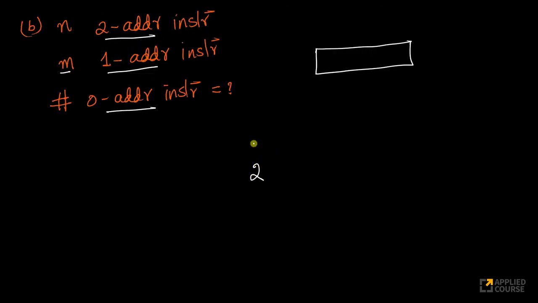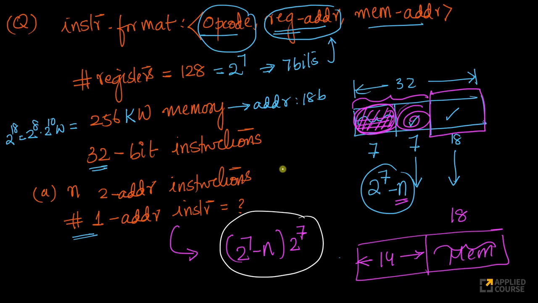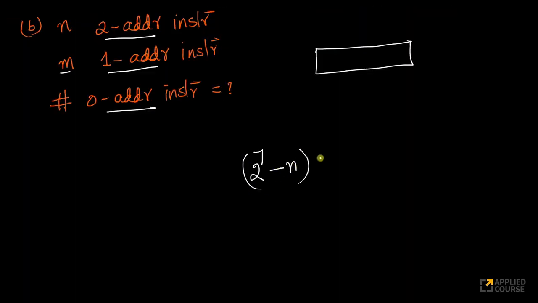So the number of 1 address instructions possible is 2 power 7 minus n into 2 power 7, right? Out of this, I have to subtract m, because I have m 1 address instructions, right? Suppose I subtract m from this, what do I get? So what is this number?